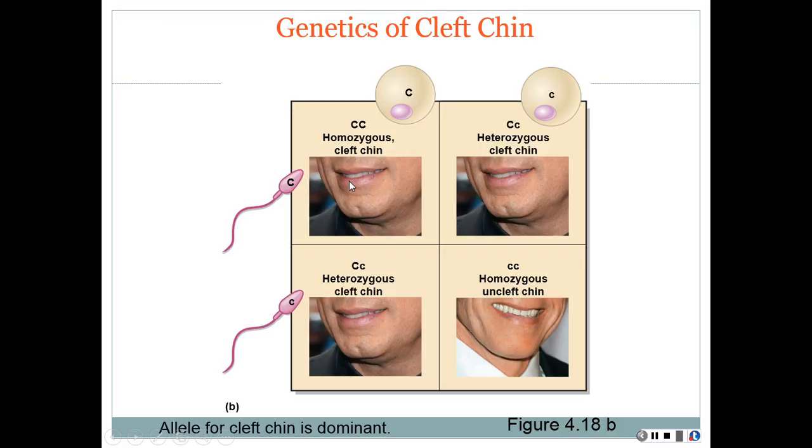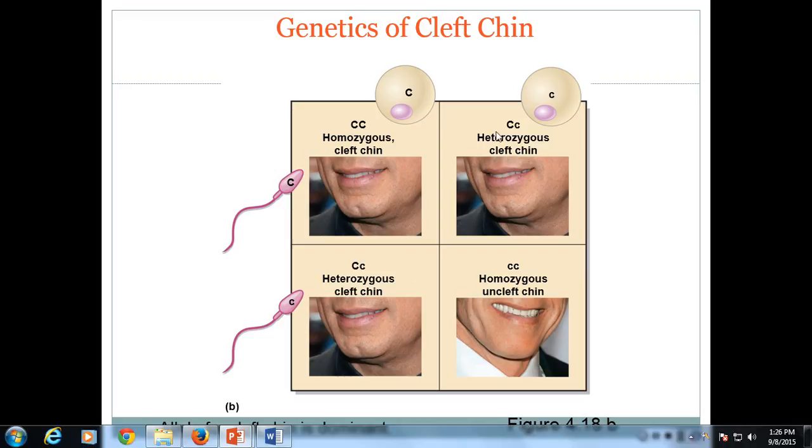Two will be heterozygous, so they will have the cleft chin but also carry a recessive trait. And the fourth child will not have the cleft chin, homozygous for an uncleft chin.